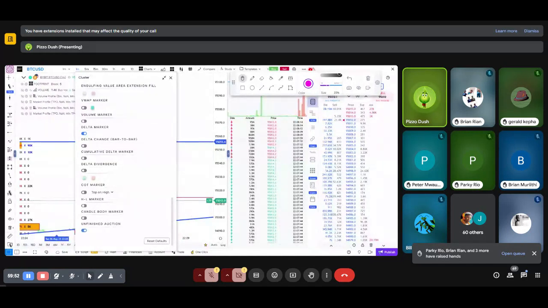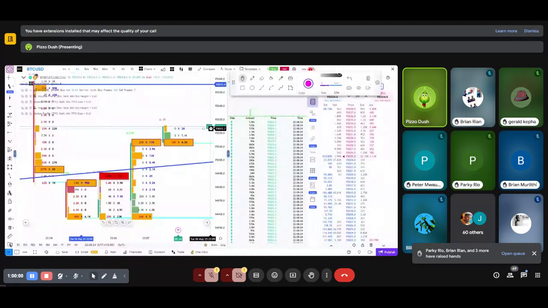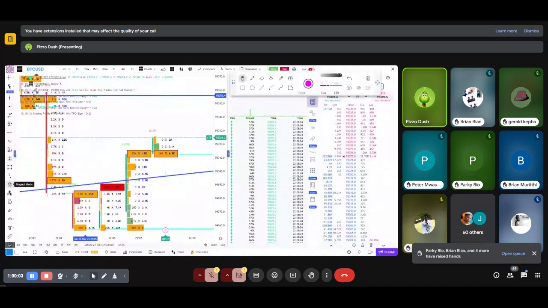So I've sent them in order. You just make sure you copy paste those settings to your charts, and your charts will look like mine.